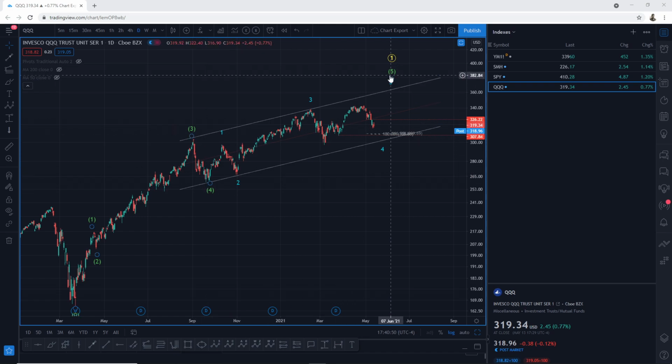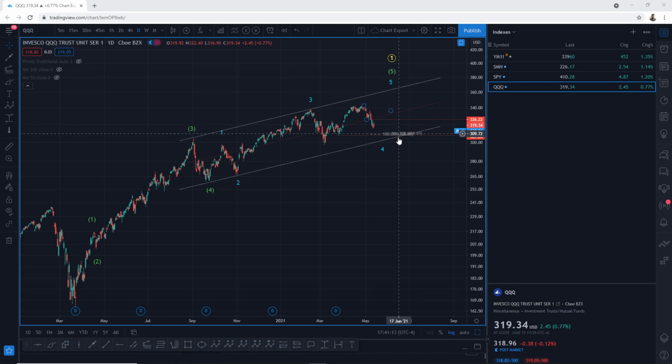Now we are in what appears to be the final fifth wave in the minor degree of the intermediate degree of primary degree wave 1. So the way I'm looking at this wave structure is that we went up in 1 in the minor degree, down in 2, up in 3, and now we are making this flat correction, or this running flat correction, in the wave 4.